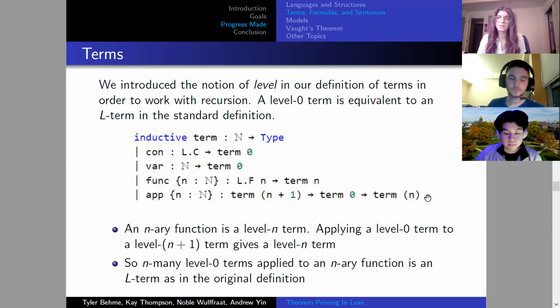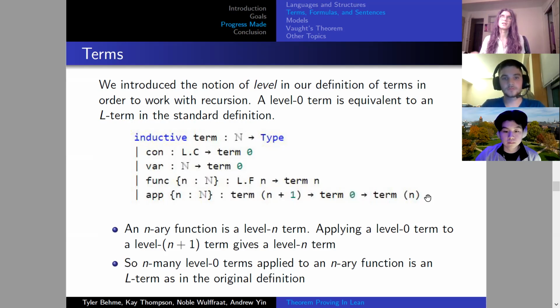Our definition differs from this in the sense that to work with recursion in Lean, we had to introduce the notion of a leveled term. So we started the same way, where we said constants and variables are terms of level 0. And then we introduced the notion of an n-level term for an n-ary function.